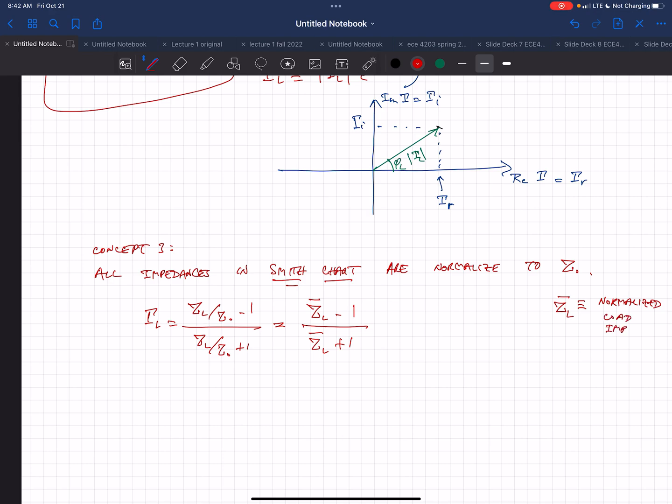So all the impedances you'll see in a Smith chart are numbers like 1 or less than 1, as a realistic impedance. And this is equal to gamma sub L in its complex form, which I can write as gamma sub L R plus j gamma sub L I.